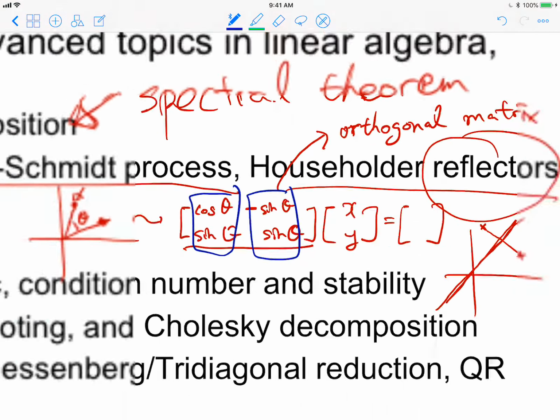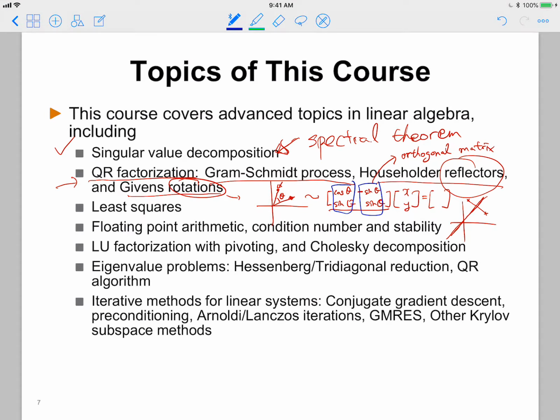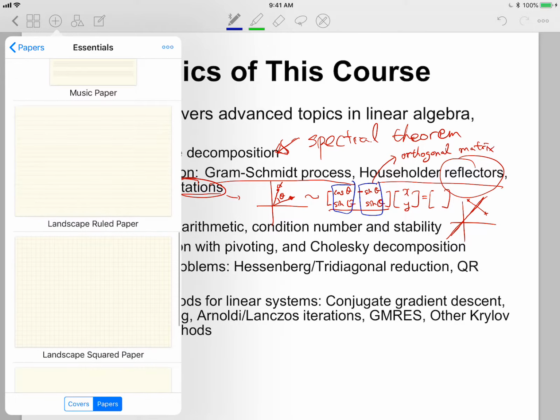Let's verify that. With this definition, we know the effect of that transformation is rotating a vector by an angle of theta.